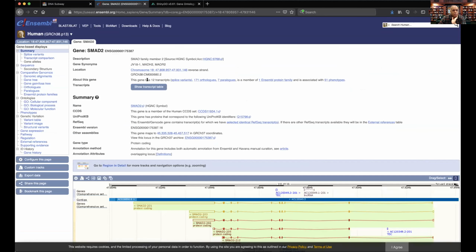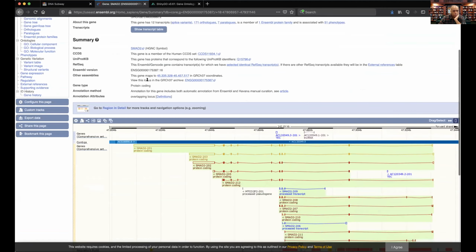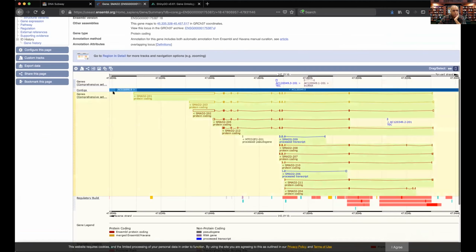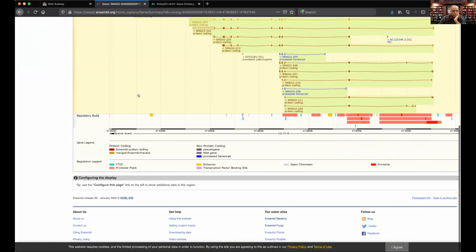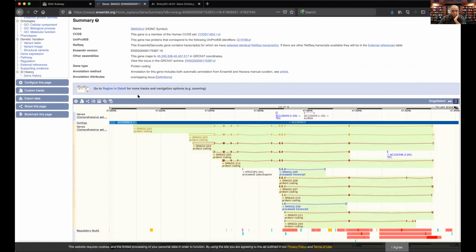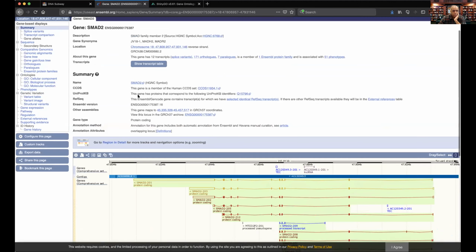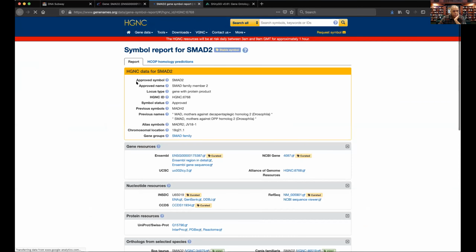It's pretty cool because I can find out where this gene is located, and also a little bit about the structure of this gene. If you read through these details, if you click on the name, it's also going to open up a little bit about this.